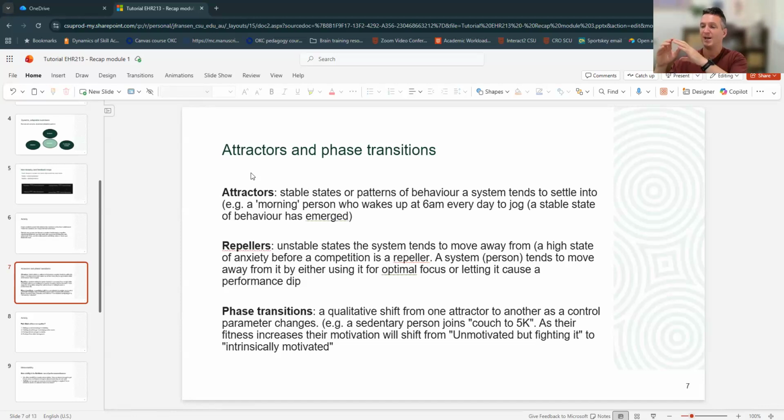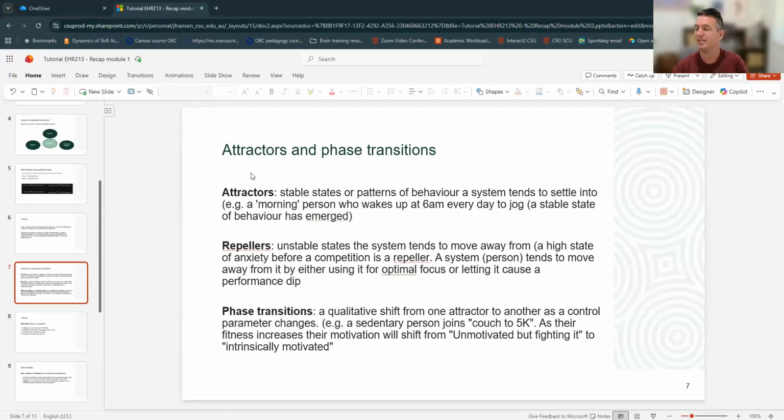Alongside attractors, we have repellers, which are almost the opposite. A repeller is an unstable state that the complex system tends to want to move away from. For example, a high state of anxiety before competition is a repeller, and the person who has the anxiety does everything they can to move away from it. That could be turning high anxiety into laser sharp optimal focus, or letting it cause a performance dip, as long as you don't have to deal with that repeller state.